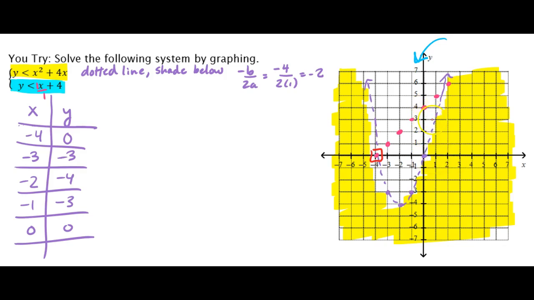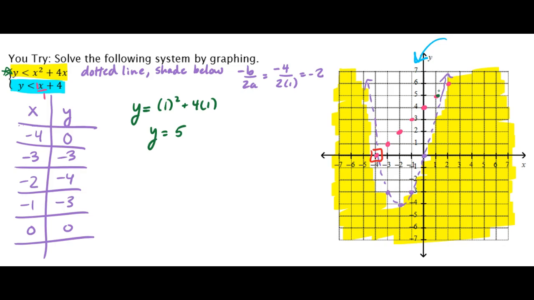So I would plug in 1 into this equation, or this inequality right here. Really, I'm just looking for a number, so we can treat it like an equation. If I plugged in 1 for x, that would be 1 squared plus 4 times 1, so that would be 5. And it looks like that's where the line is crossing, right here at 5. So my purple line is a little bit off, but that's okay.